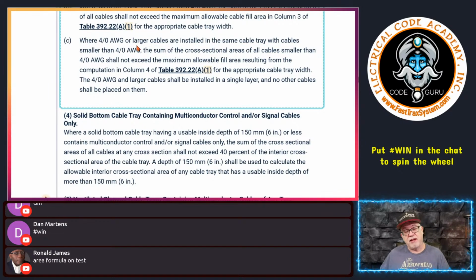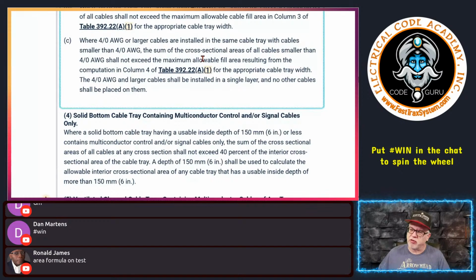And it's telling us, hey, if you have a mixture of 4/0 and larger cables, and then you have cables that are smaller than 4/0, say 3/0 and less, then guess what? You're going to have to take the cross-sectional area of the ones that are 3/0, the cables that contain 3/0 and smaller, and you're going to have to do a fill requirement for those. And the ones that are 4/0 and larger, I want you to take the actual diameter of the cable, okay? And do the same thing that we did earlier.